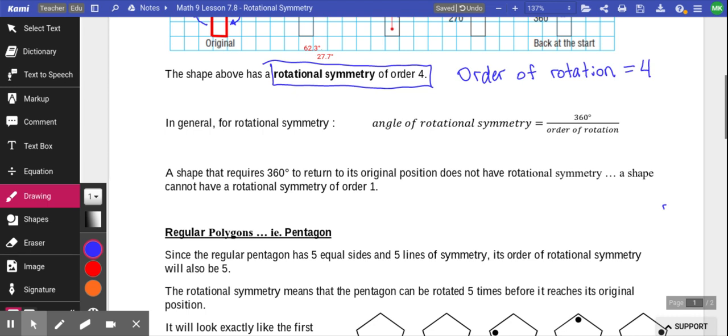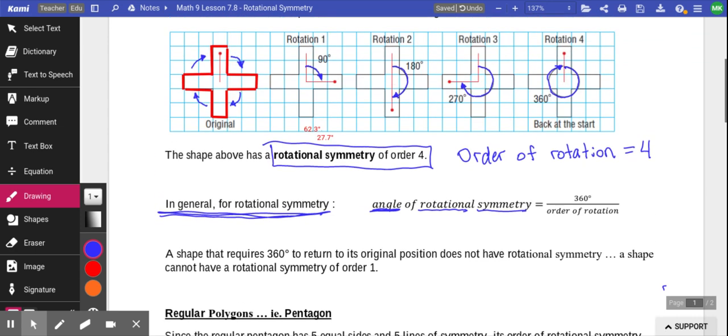In general, it's not always true, but if you want to figure out the angle you have to rotate to get symmetry, the angle of rotational symmetry, you take 360 degrees and divide it by the order of rotation, which is the number of times it will actually look the same.